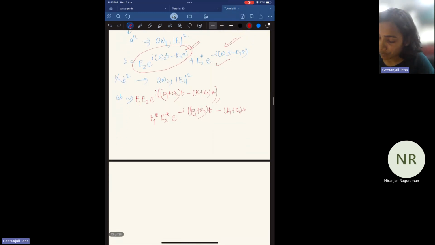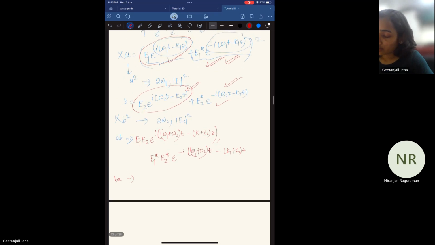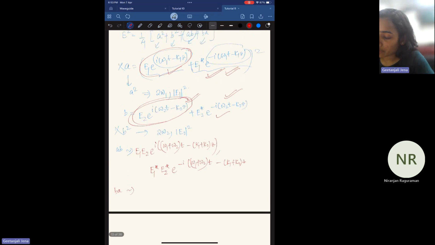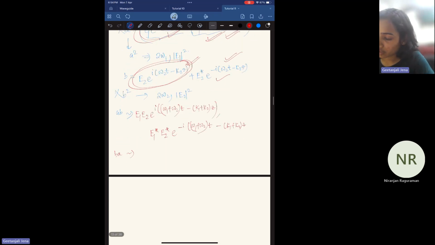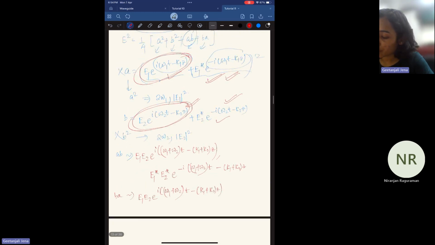For BA also we'll see the same type of expression. If you multiply B with the first term, we will get E1 E2 e to the power i(omega 1 plus omega 2)t minus (K1 plus K2)z. And if you multiply the first term with the second term, this will give omega 2 minus omega 1.